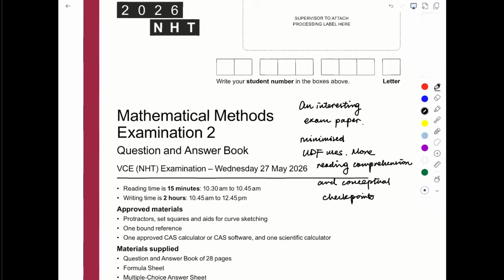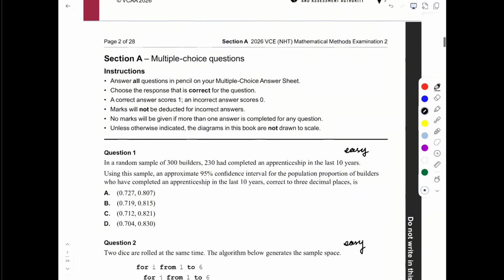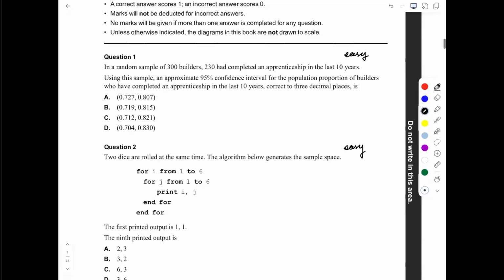Okay, so I'll go through the questions. The first one is quite an easy question because you've got a sample size n equals 300, and this 230 is the number of successes who completed an apprenticeship in the last 10 years.